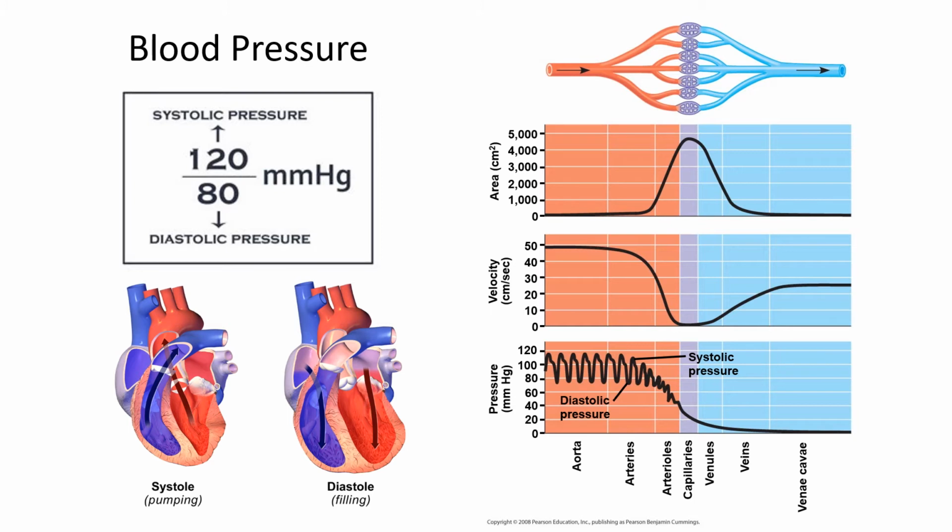Now, if we were to measure blood pressure, there's a few ways we could do that. There's a few different units we could use as well, but traditionally we use millimeters of mercury. Hg is the atomic symbol for mercury. Think to the old school thermometers, the ones that have a glass vial that contains a silver liquid.